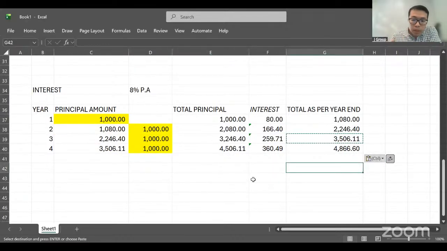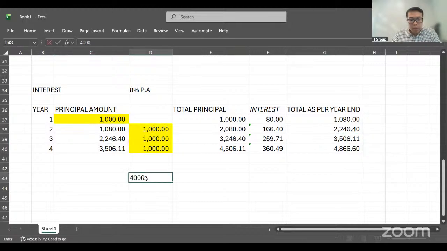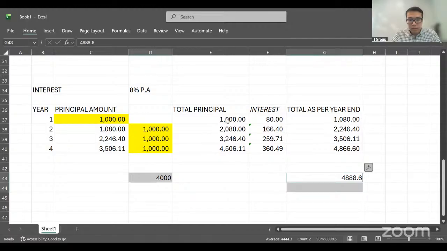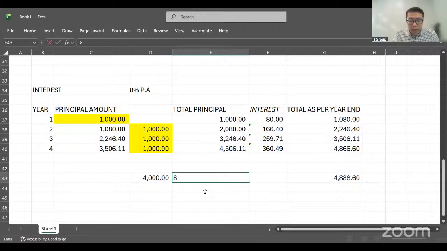So the total amount that I've put in is 4,000, and at the end of the day, I'm getting back 4,866.6. This is the result of compounding 8% interest per year for four years.